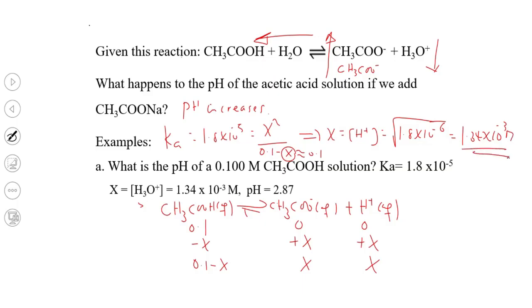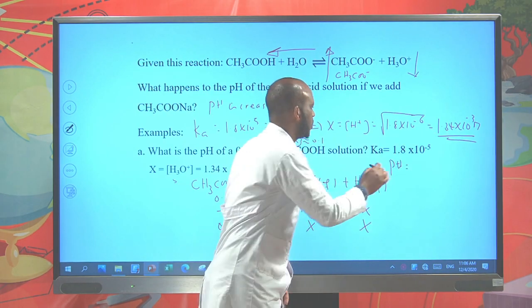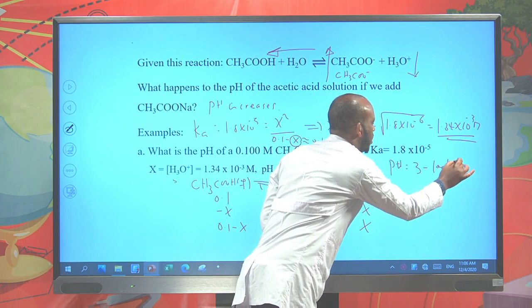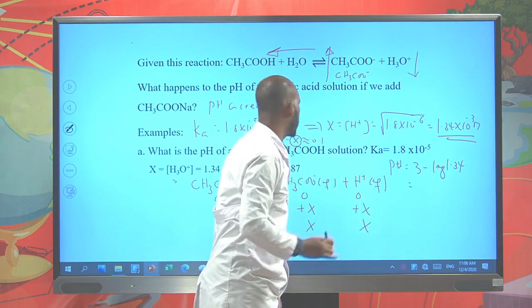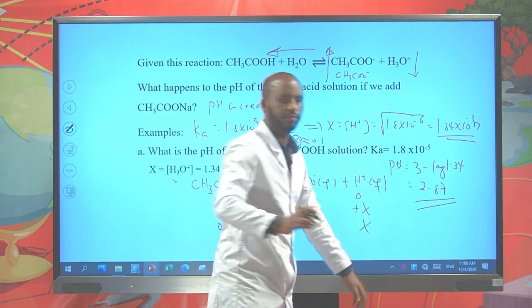The pH of this solution is the negative logarithm of hydrogen ion concentration. pH equals minus log of this, which is 3 minus log 1.34, equal to 2.87.